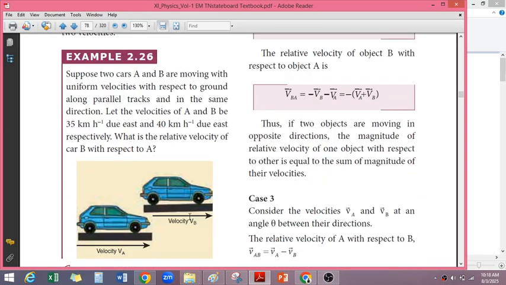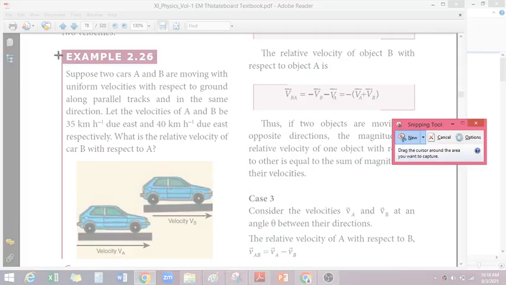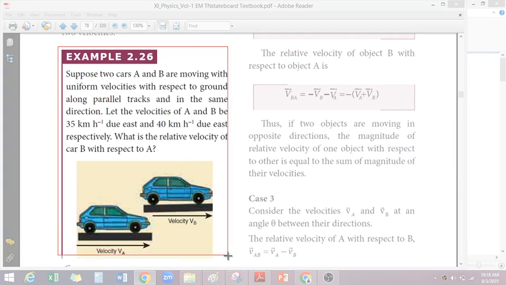It's an easy concept. They have given a nice picture here. So let's assume that you are going in this car and your friend is going in this car. If you follow the example, I'm sure you will understand the concept very easily.